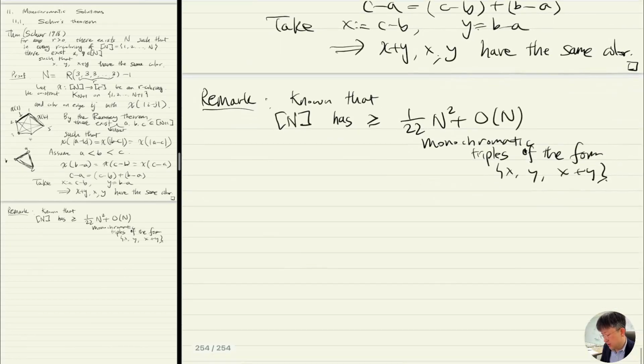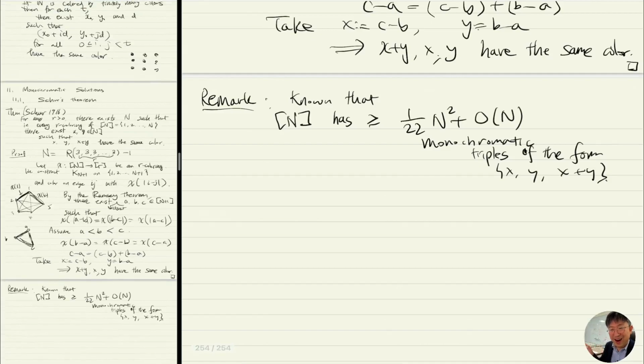So when N is large, the number of triples of x, y, and x plus y having the same color is at least N squared over 22 up to certain errors.